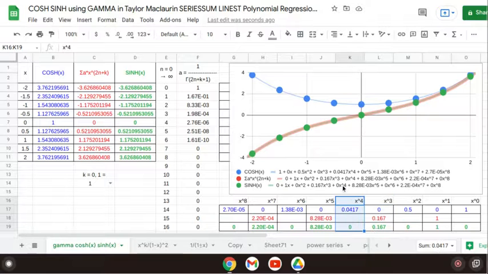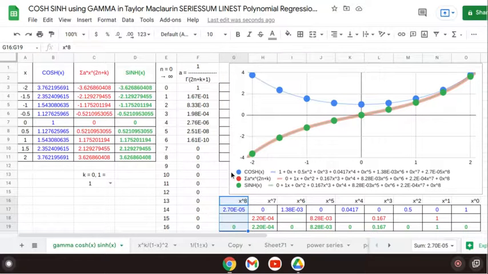X to the 4th: 0.0417, 0, 0. X to the 5th: 0, 8.28 times 10 to the minus 3. X to the 6th: 1.38 times 10 to the minus 3, 0, 0. X to the 7th: 0, 2.2 times 10 to the minus 4, 2.2 times 10 to the minus 4. X to the 8th: 2.7 times 10 to the minus 3, 0, 0.